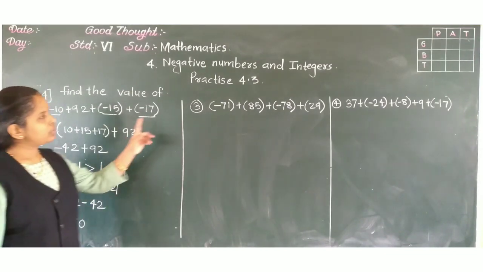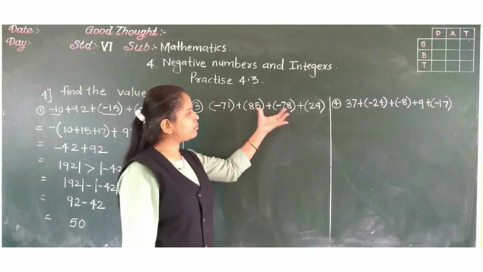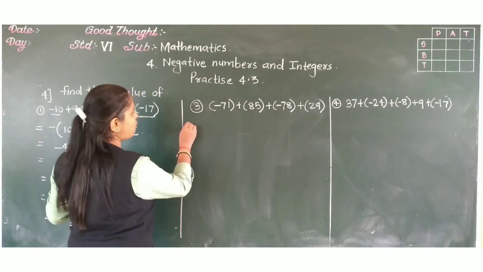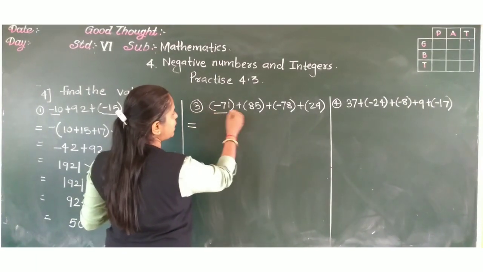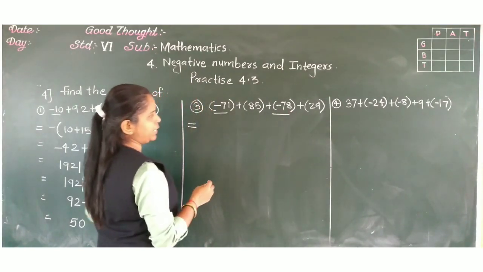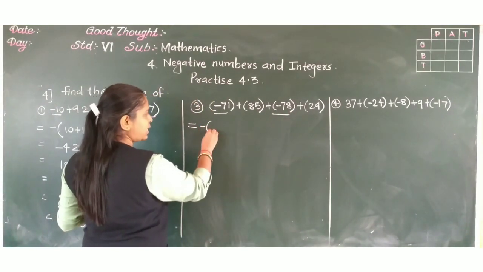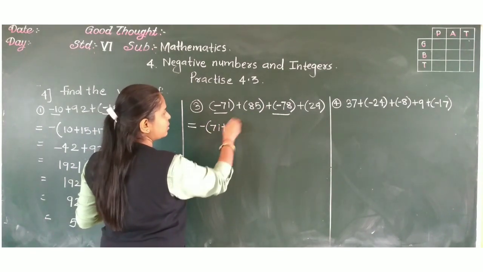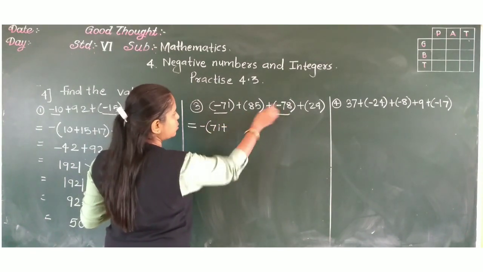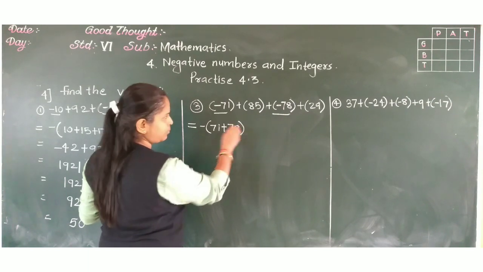Follow? Third one, see. Again I will take those which have a common sign together. Now see, minus 71 minus 78. So the minus sign I will take outside, 71 plus 78, so inside only 70. Okay.